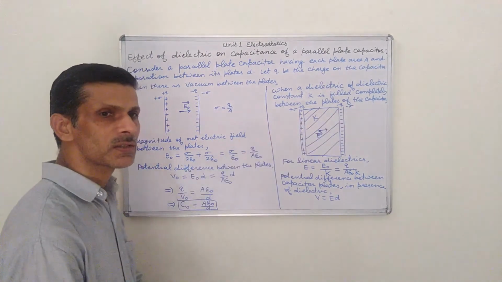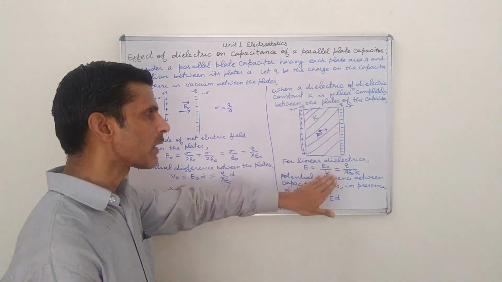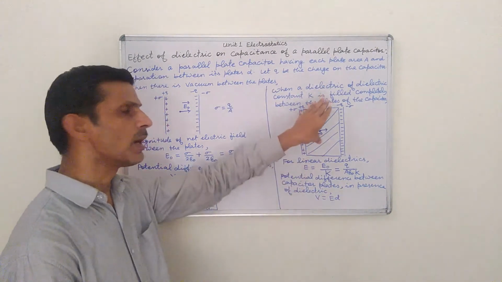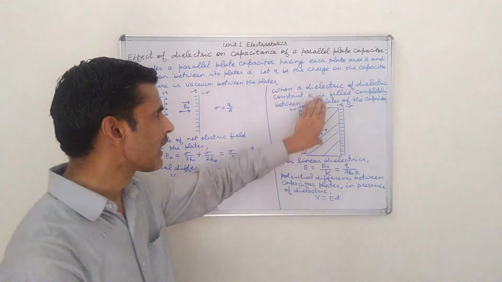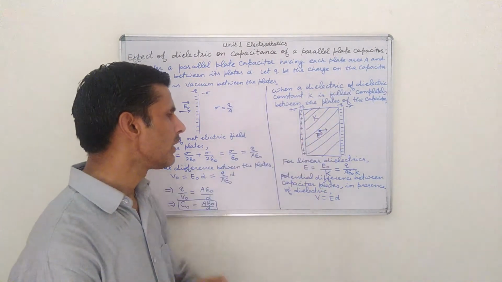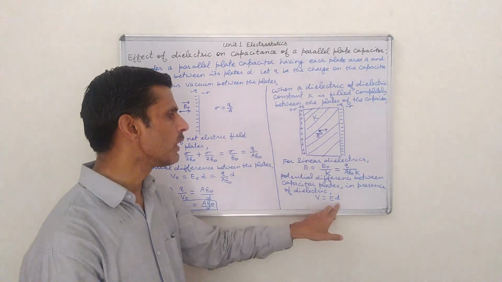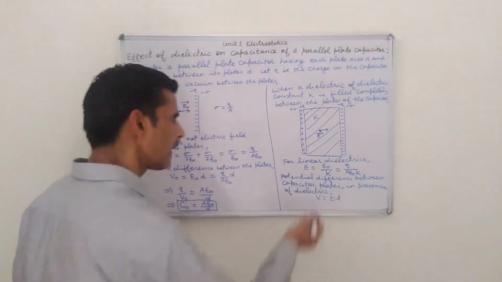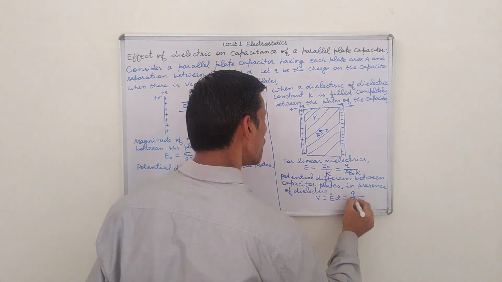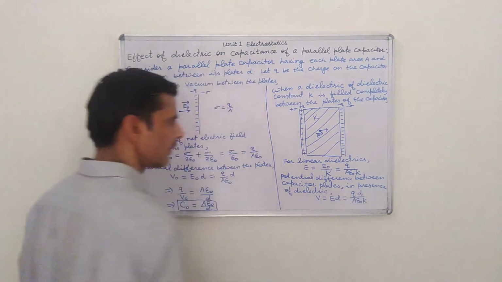When capacitor plates are large and they are close, then fringing of electric field at the edges can be neglected and we can assume electric field to be uniform. So here electric field is uniform, its magnitude is E, potential difference between the plates V is equal to E into D. E we have obtained, so it becomes Q upon A epsilon naught K multiplied by D.